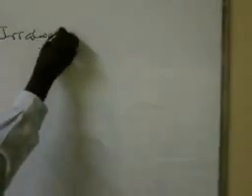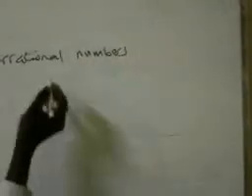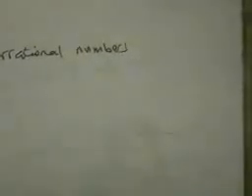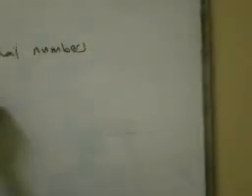The last type of real numbers is the irrational numbers. That's where our focus is, because from irrational numbers we shall be able to see the surds. These are the types of numbers that cannot be expressed in the form A over B. An example is root of 2.